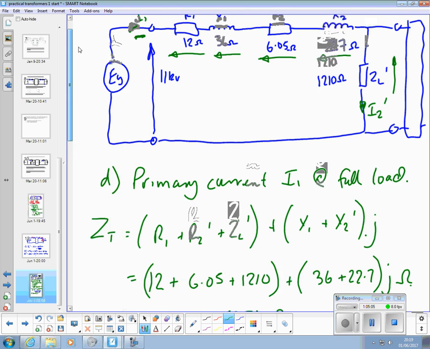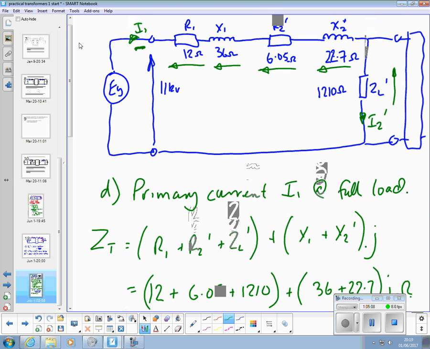What we need to do is find this voltage here, which is E2 dash, the secondary voltage. That's the one you can measure at the terminals, because that's the voltage across the load. So we're going to find that and transfer it back to find the actual secondary voltage at full load.